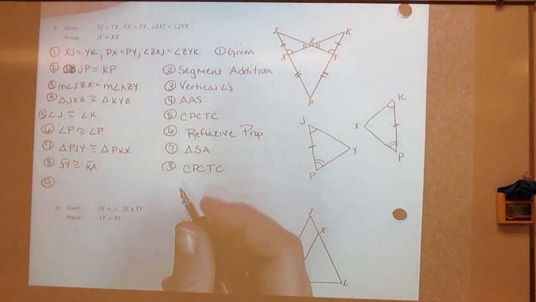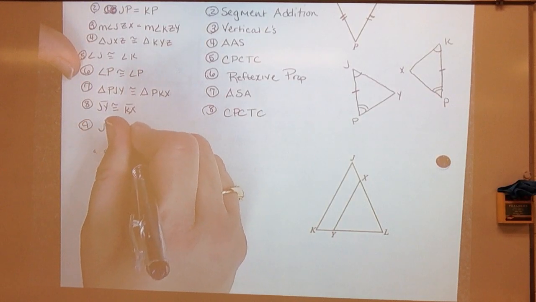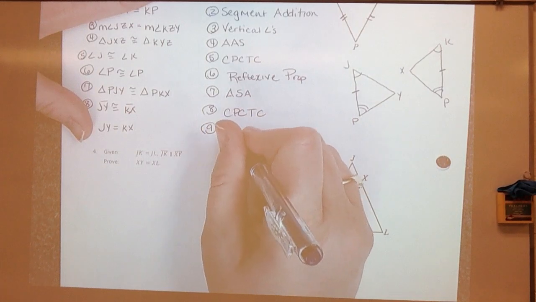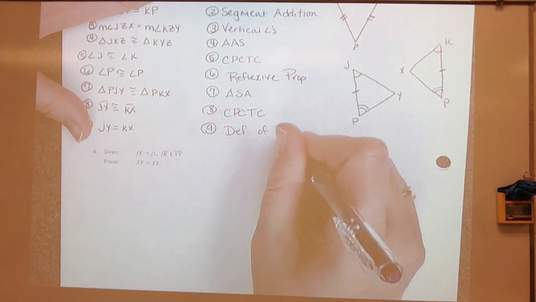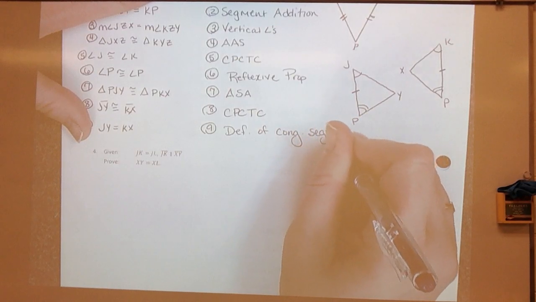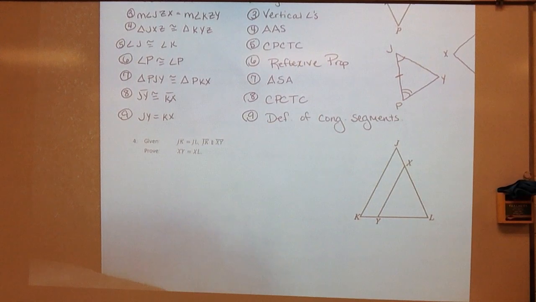So now I've got to go one more step and say JY is equal to KX because of the definition of congruent segments.